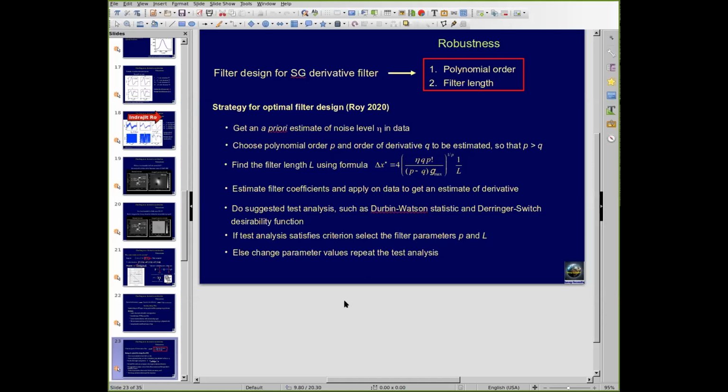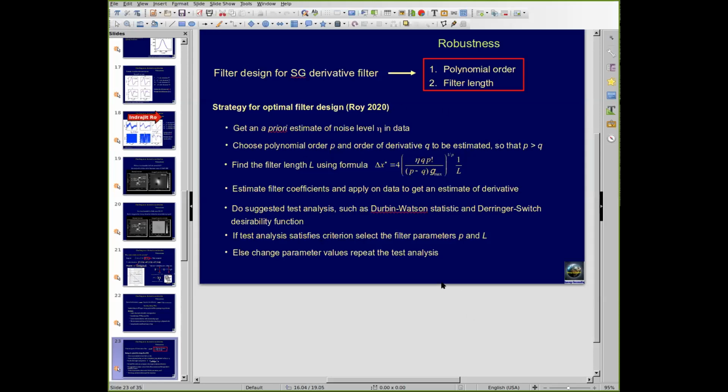For that, the steps are: get an a priori estimate of the noise level, eta, in the data. You need to know the noise level. If you know the noise level, then choose the polynomial order P and the derivative order, say first order or second order, accordingly. And then you measure the filter length L, in terms of the sampling interval. So this is the formula.